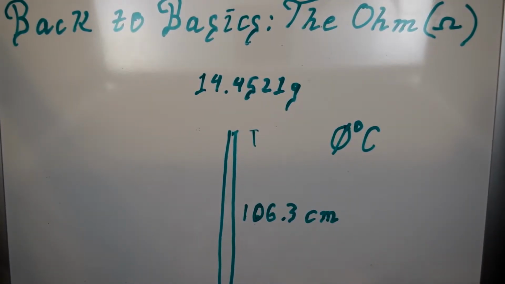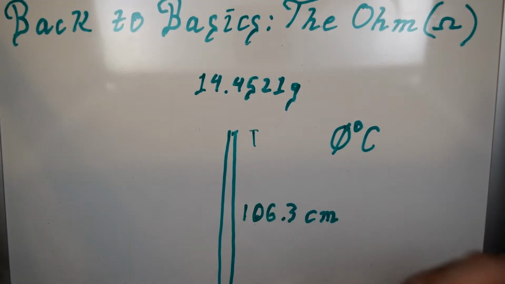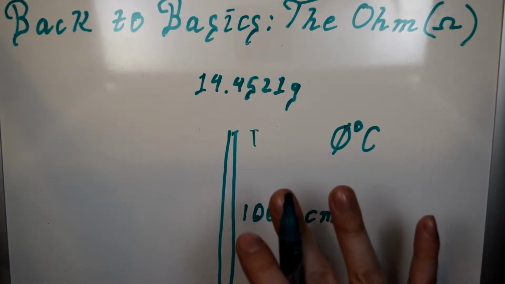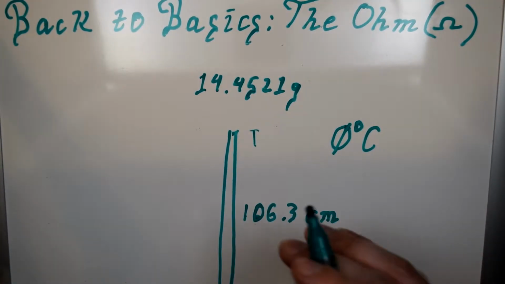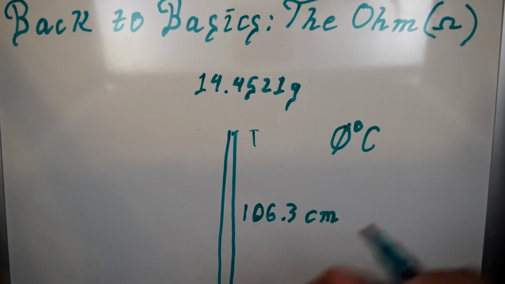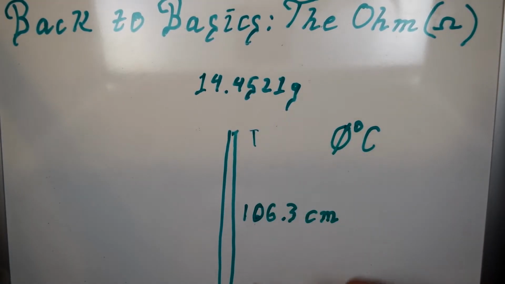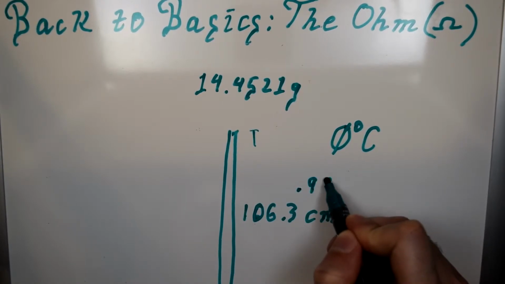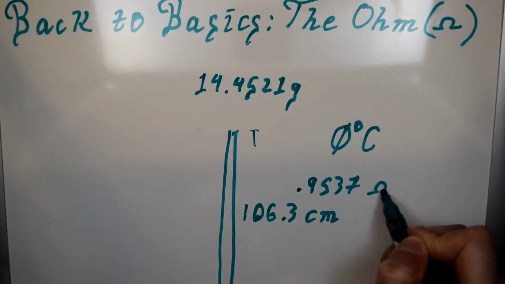And what you're going to get, although it used to be 1 ohm, but now it's been more accurately defined with something called the quantum Hall effect, which I won't go into here because the quantum Hall effect would probably be a series of videos of its own, and I'm here to teach you electronics, not quantum physics. Anyway, so that was equal to 0.9537 ohms.